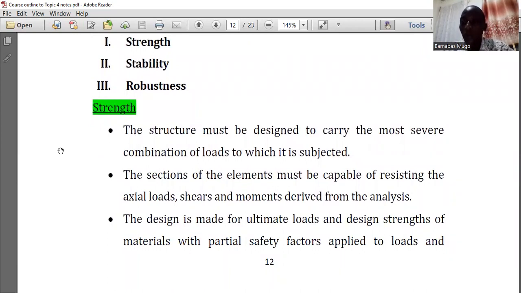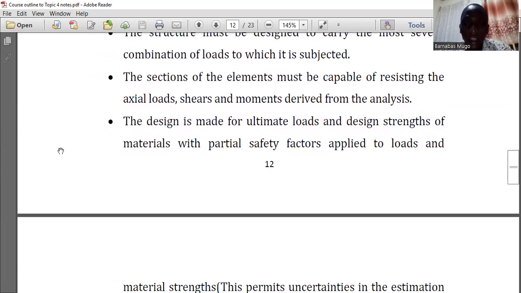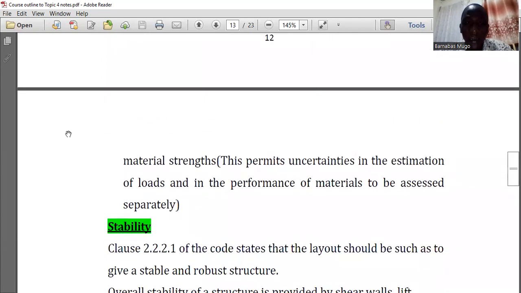That is what you need to know: when you are designing the structure, it should be able to carry the design combination of the loading, the most severe combination, that is the dead load and the live load. The most severe, meaning the worst case scenario, should be carried by use of the limit strength. So we are going to look at that one.